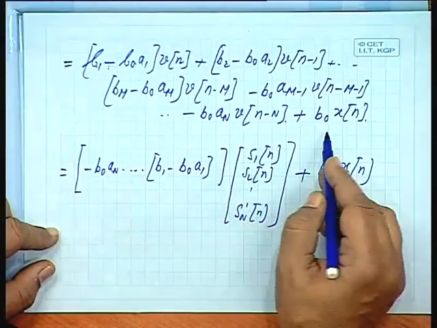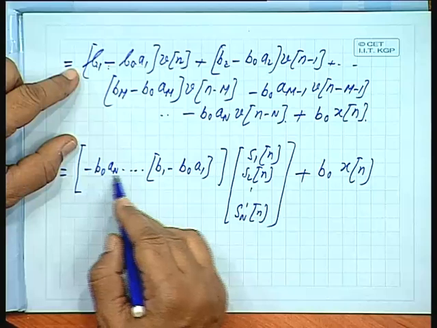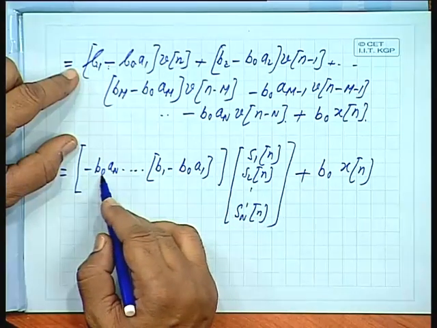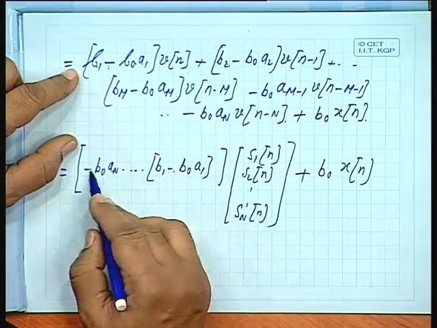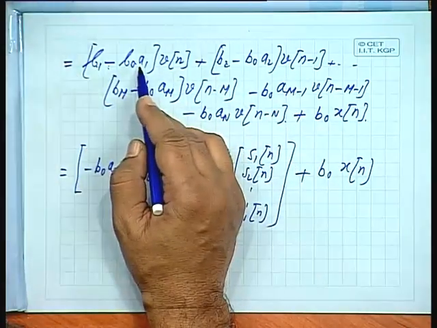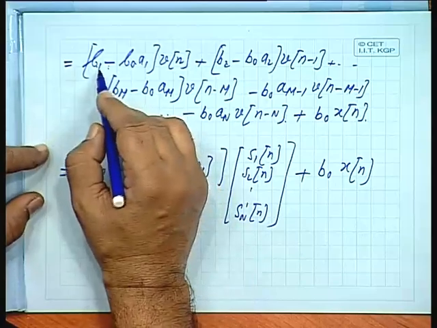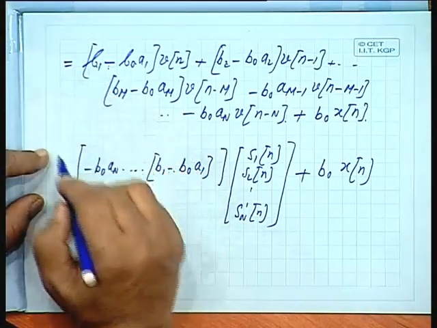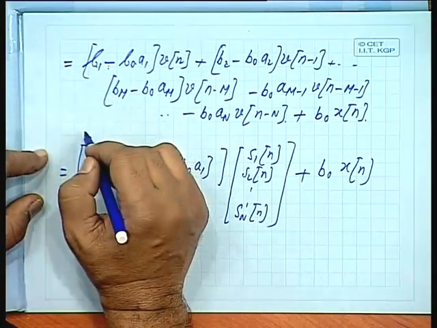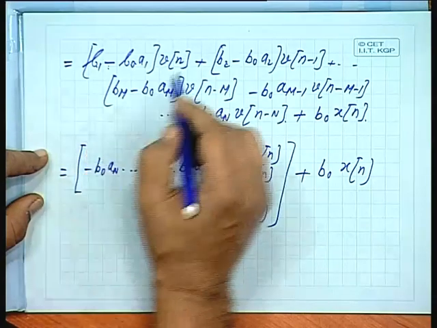It will start with, no, this is a row only. The first element is the previous step, b 1 minus b of n minus 1, v.